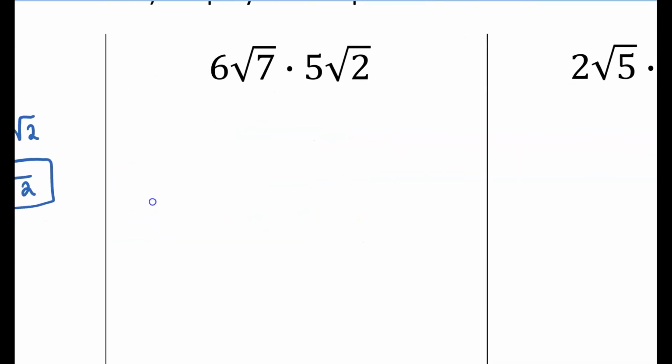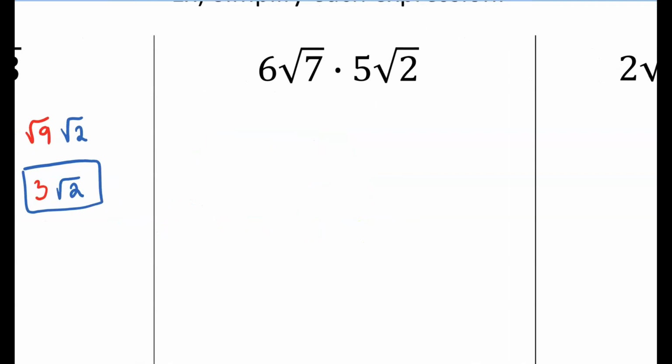Let's look at another example. Here I have two expressions that both have coefficients and they both have a square root. So I'm going to go ahead and rewrite this. Don't you agree that multiplication is commutative?